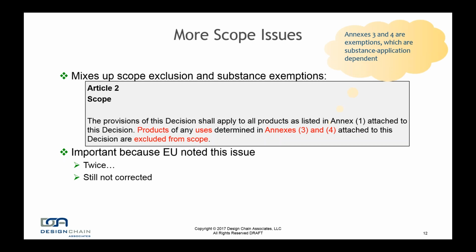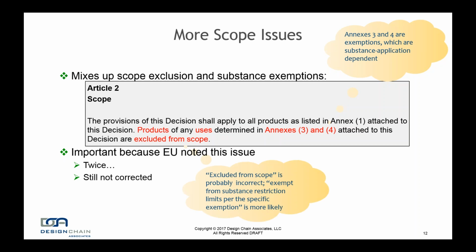This is to set you up for this. Those are substance application dependent. They are exemptions from the restrictions of the substances. Excluded from scope I believe is incorrect. They probably mean exempt from substance restriction limits per the specific exemption.